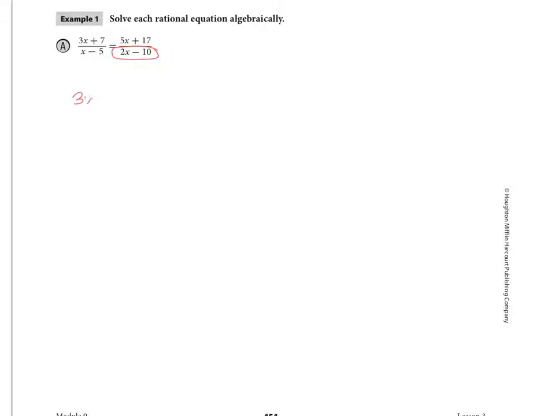So I've got 3x plus 7 over x minus 5 equals, and then I've got 5x plus 17 is the same. I can take a 2 out here, which is going to leave me with x minus 5 if I divide that. You could go ahead and put all the rest of these in parentheses if you like to do that, if that makes it easier for you. I think that you're going to like the way that that looks a little bit better.